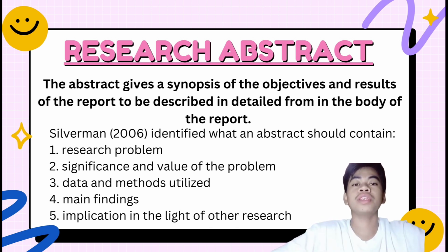The fourth is the main finding. The abstract summarizes the key findings or results of the research. It presents the main outcomes in a condensed form, providing a snapshot of what the study has discovered or concluded. This gives readers an insight into the core results without delving into the full report.